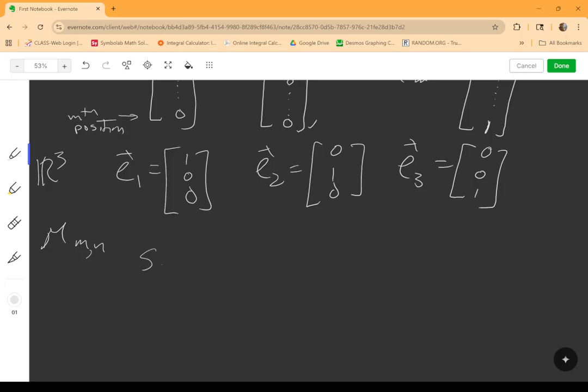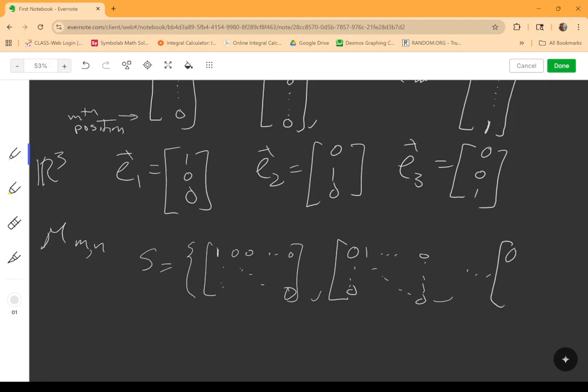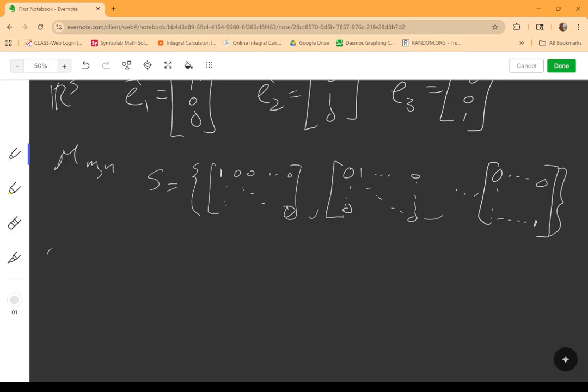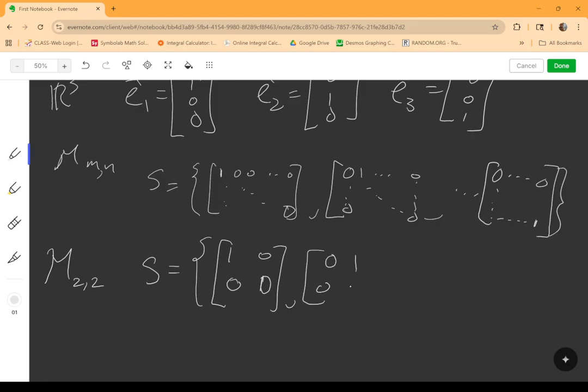The standard basis would be the matrices with 1 in one position and 0 everywhere else, and then moving on, 0, 1, zeros everywhere else, etc., till we get to zeros everywhere else and 1 in the last position. And to put a specific example, for 2 by 2, the basis would be 1, 0, 0, 0; 0, 1, 0, 0; 0, 0, 1, 0; and 0, 0, 0, 1.